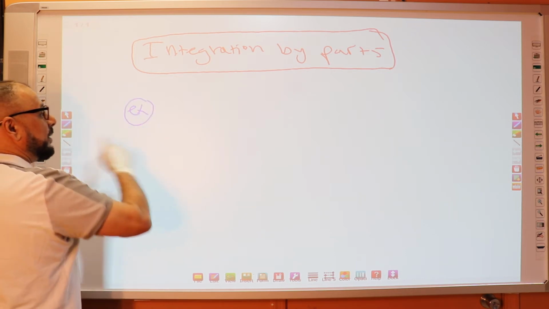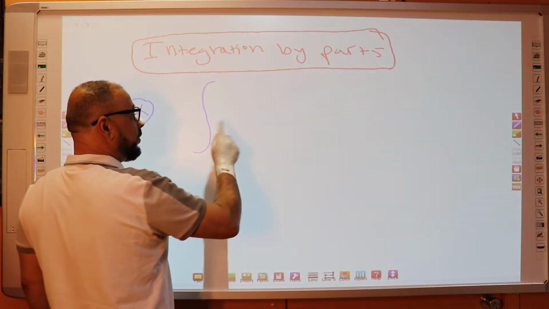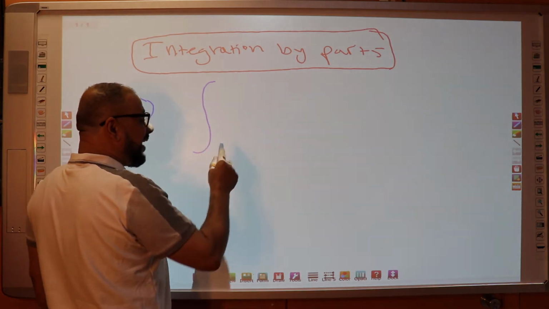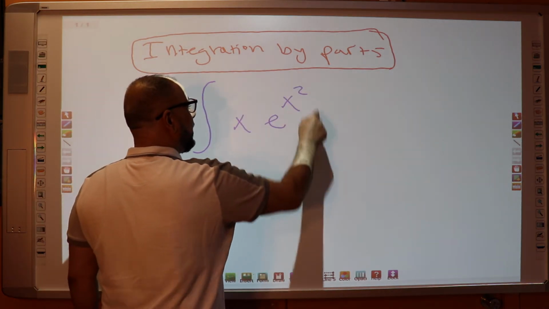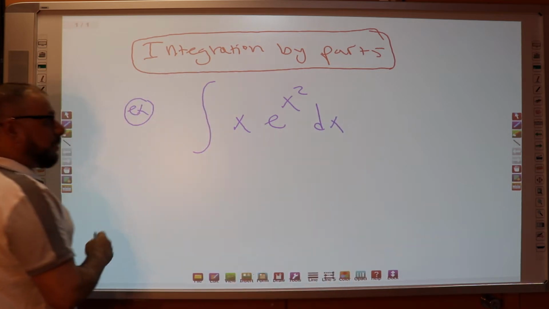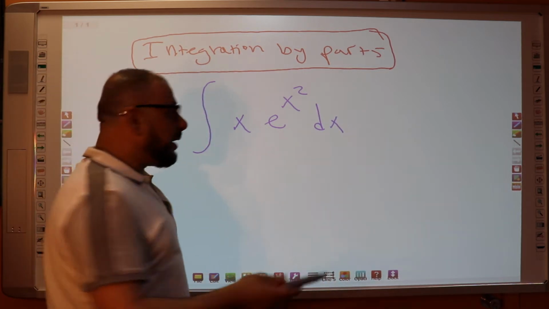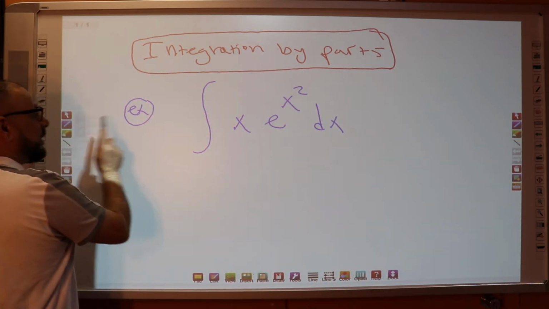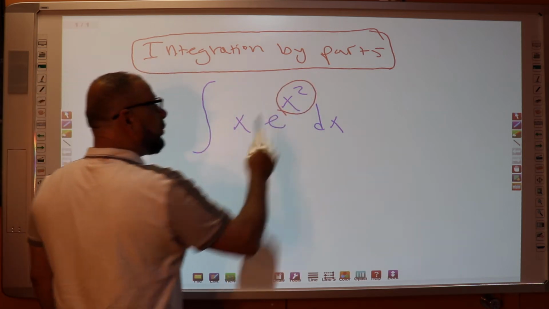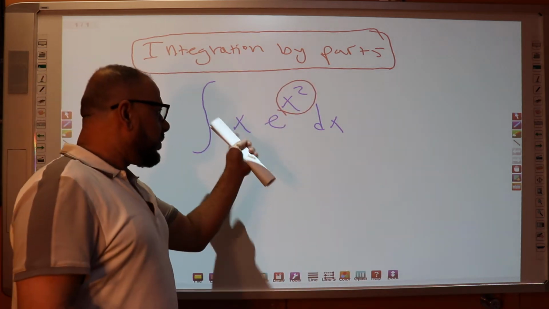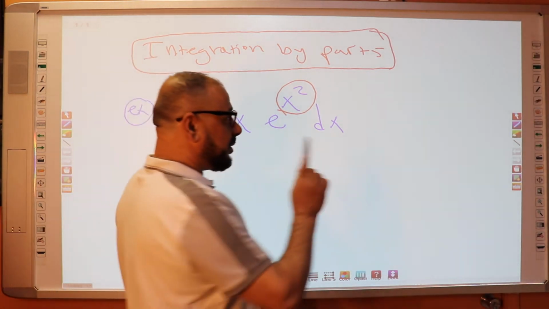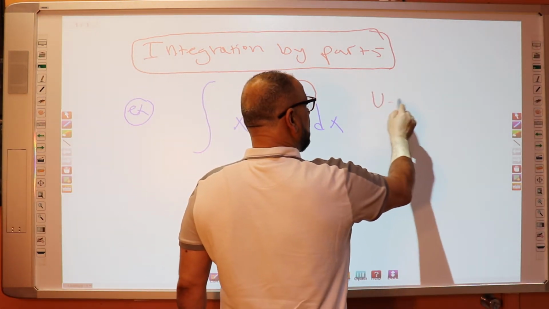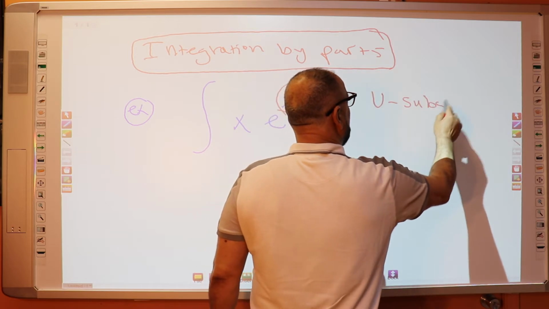Example one: the integral of x e to the x squared dx. If you look at the exponent here, what's the derivative of x squared? 2x, which is here, right? Then I can use u substitution.